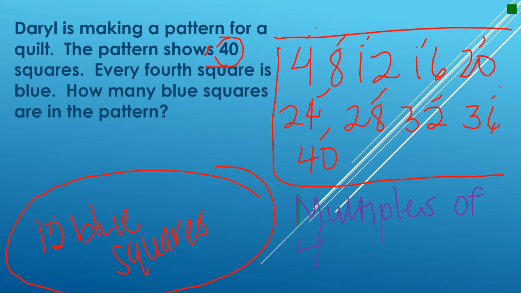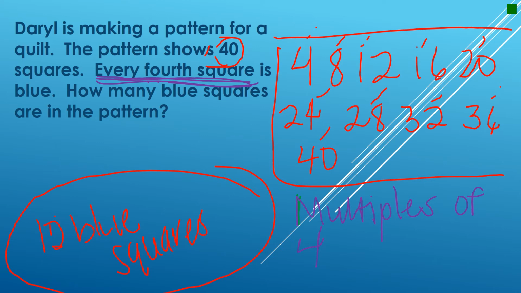So 4 is our target because we're talking about every fourth square. So when I do multiples of 4, what am I doing, Mary Elena? Well, what you're doing is you have 4 and you add 4 more every time. So you're adding 4 each time.